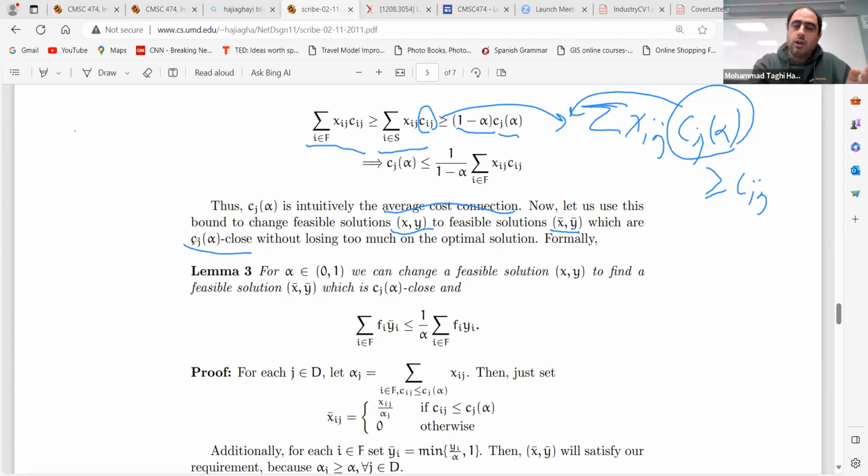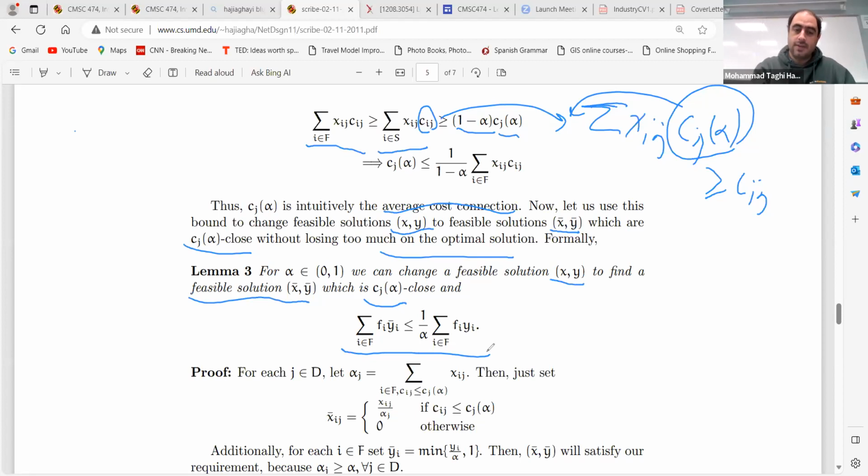And we want to say that we are not losing too much in terms of the total cost. Good. So, as I mentioned, alpha would be some constant between 0 and 1 that we decide later. This is the lemma essentially: we can change xy to find a feasible solution x bar y bar, which is Cj alpha close. And we have these equations.